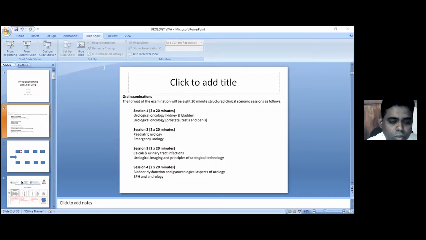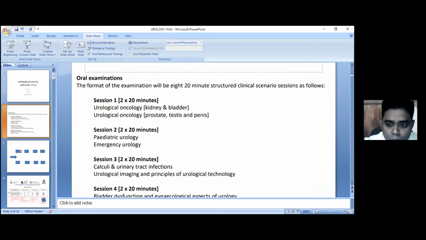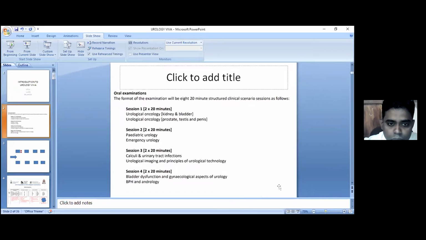Without the slideshow, can you see it? Yes, now we can see. Fine, I will increase the slide width here. Can you see it now? Yes.